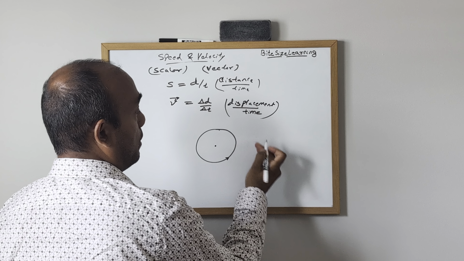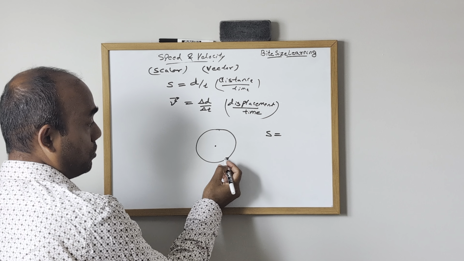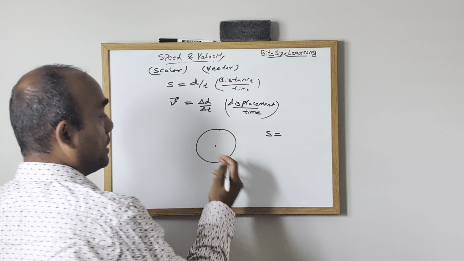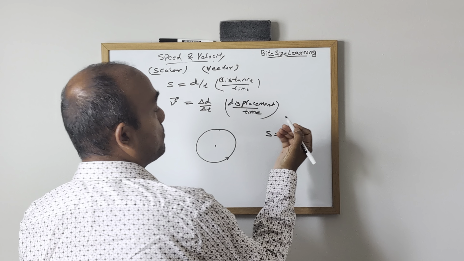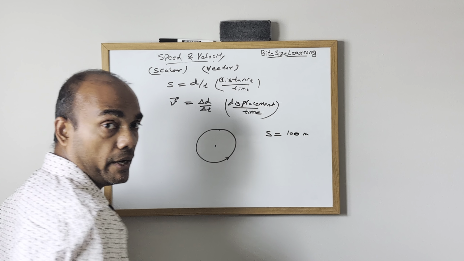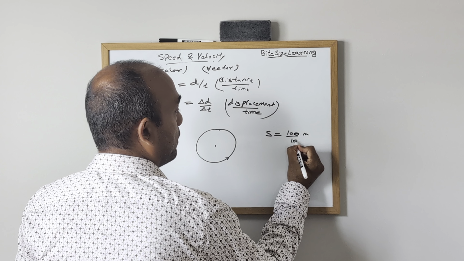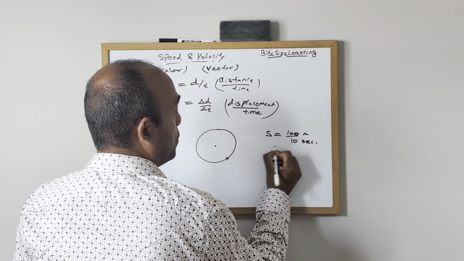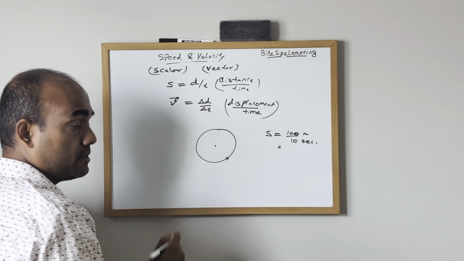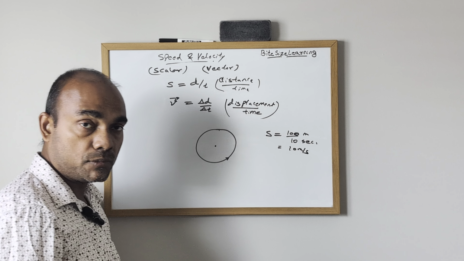So when you calculate the speed, speed will be the distance traveled upon time. Let's say the circumference of the circle comes out to be 100 meter, right? And the time taken to complete this is 10 seconds. So the speed of the object to cover this complete distance will be 10 meter per second, right?